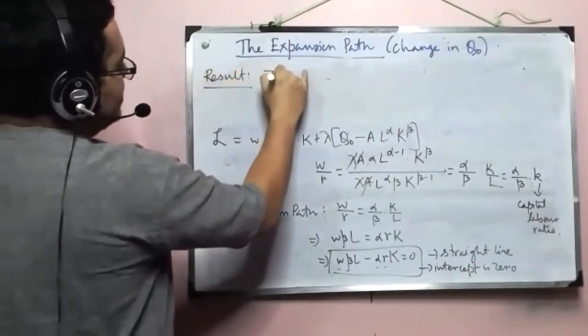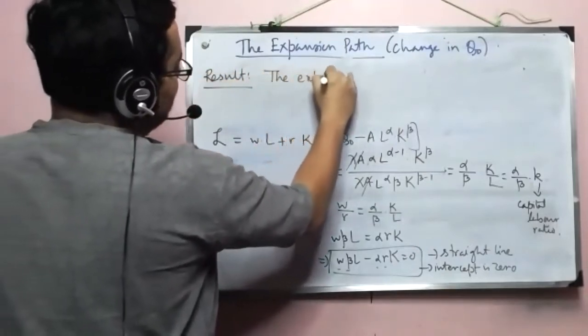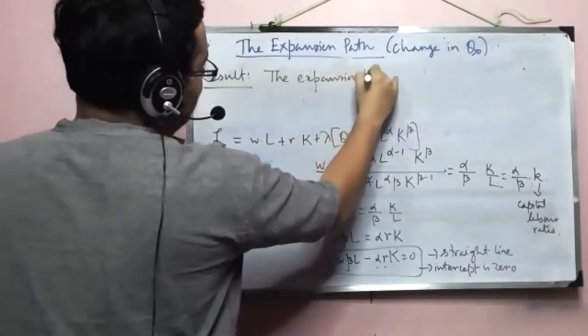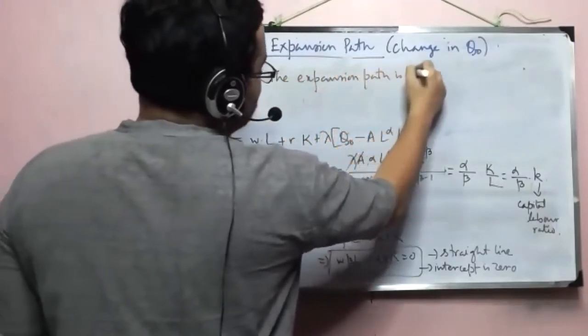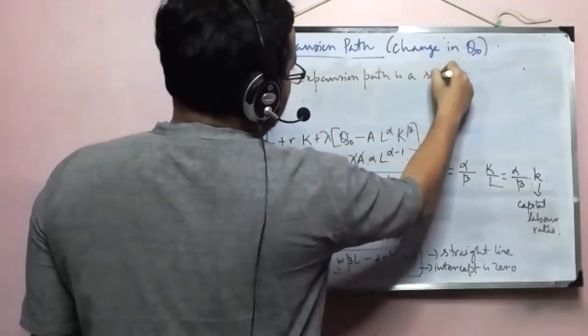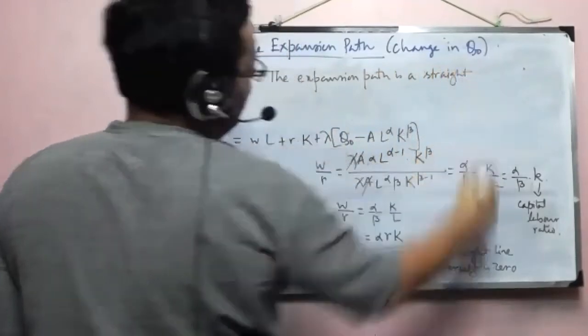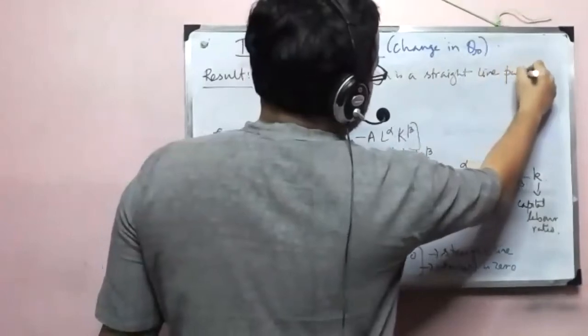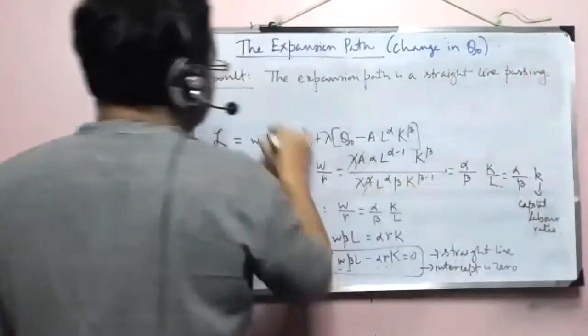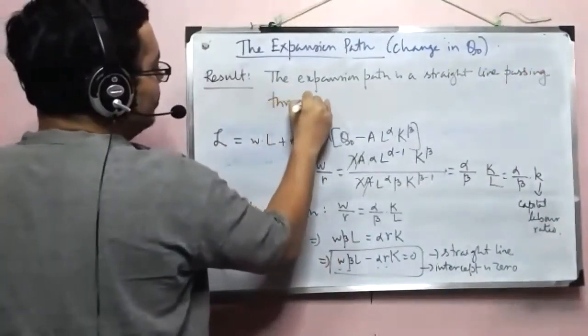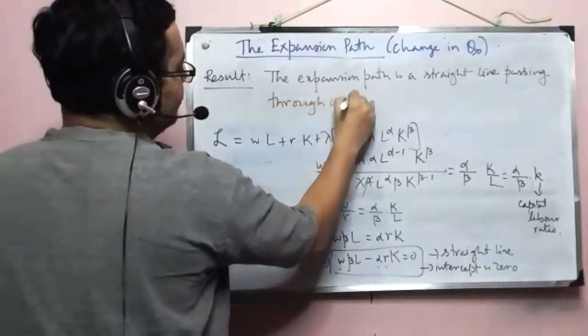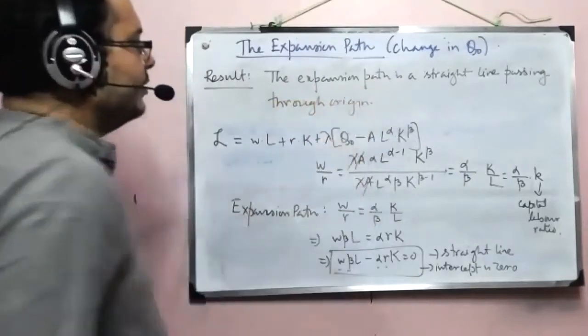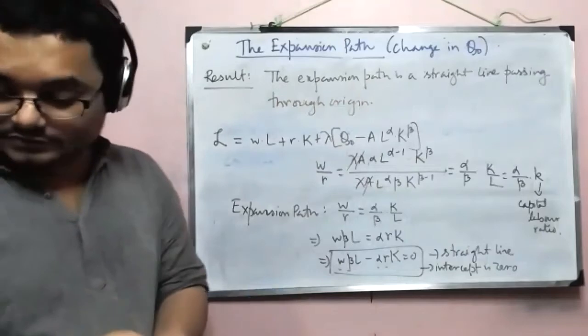The expansion path is a straight line passing through origin. But there is something missing.